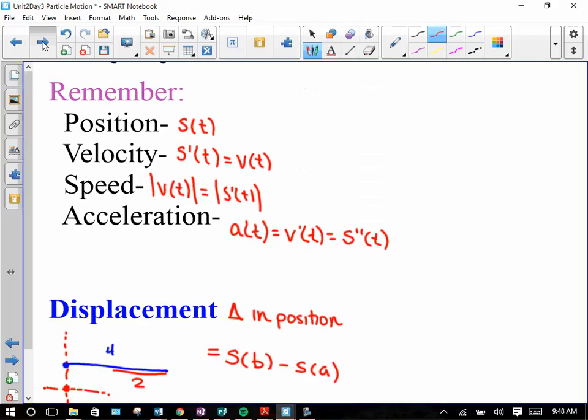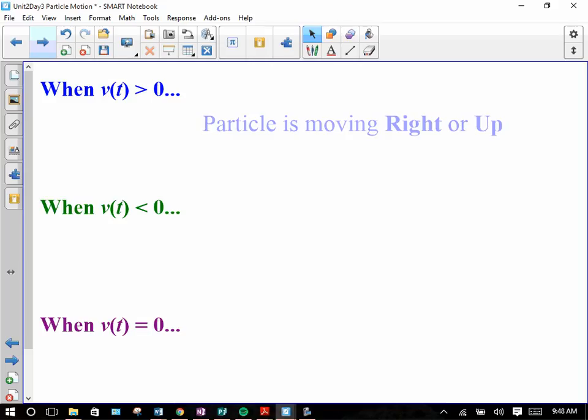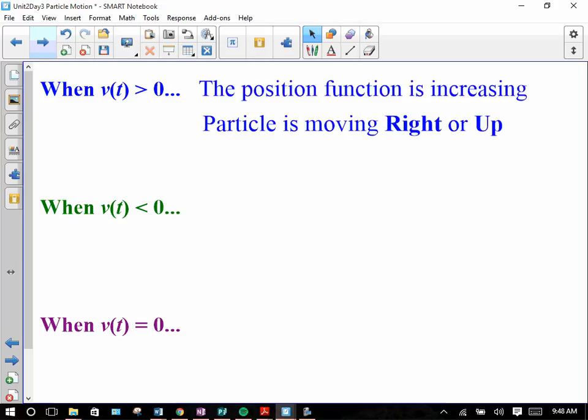Okay. So, here are some things you need to make sure you have written down. When our velocity is greater than 0, the position function is increasing. We know that the particle is moving right or up, depending on which axis it's on.